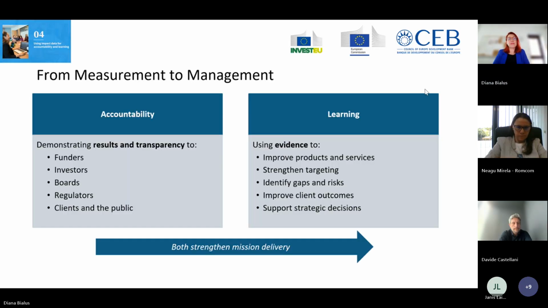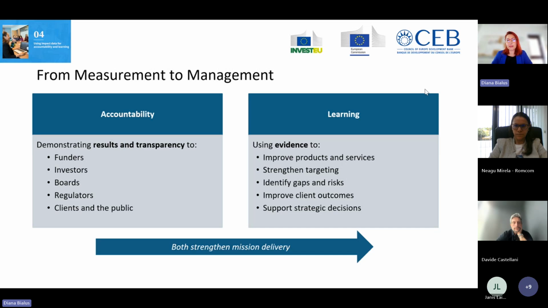So basically, today we're moving from measurement to management. And just to define these two concepts, accountability refers to demonstrating the results to the various stakeholders, including funders, investors, boards, regulators, and of course, clients and the general public.